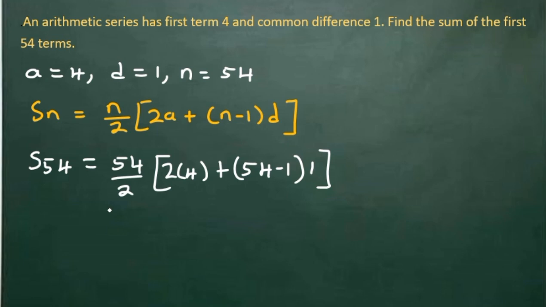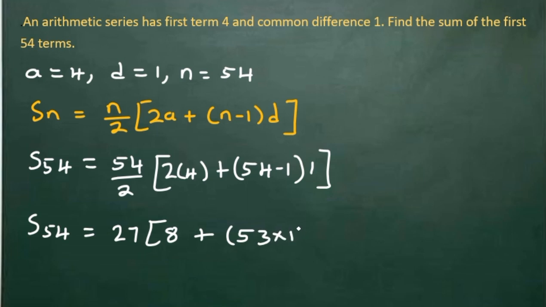Okay, now this is going to give us the sum of the first 54 equals, now 54 divided by 2 will give us 27. So this will be 27 times, and 4 times 2 is 8, plus 54 minus 1 will give us 53. So basically we are having 53 times 1.